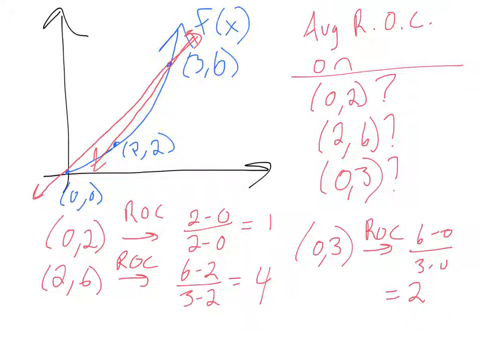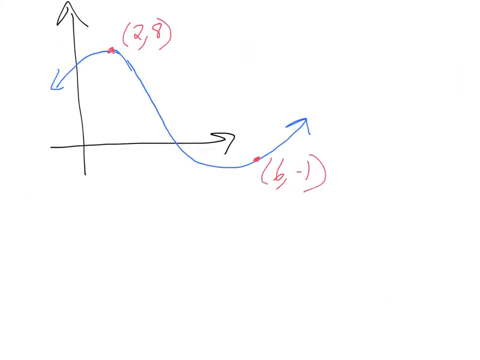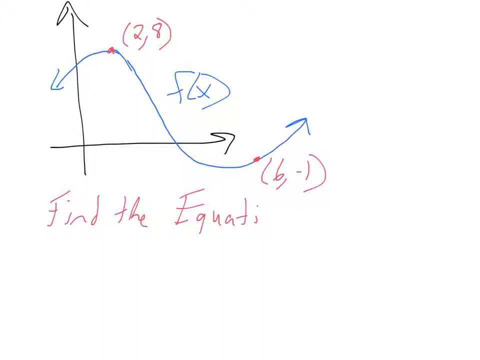All right, let's look at another example here. For the following example, instead of finding the average rate of change, I would like you to go ahead and find the equation of the secant line through the 2 points indicated.